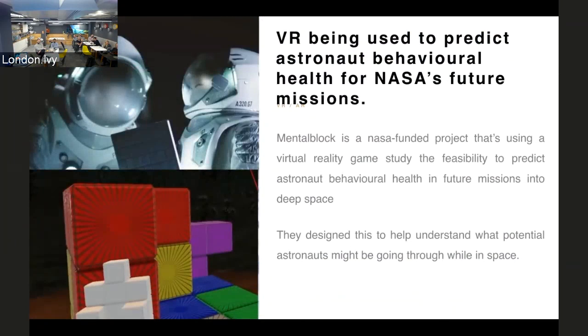This goes back to my last point, about the spaceship. They had that amazing environment room where the astronauts could go when on the spaceship. This is actually what's happening at the moment, focused on future missions for NASA. This is from Metablock, an amazing tech company focusing on a VR game that would help assess the mental states of astronauts going on these long missions.